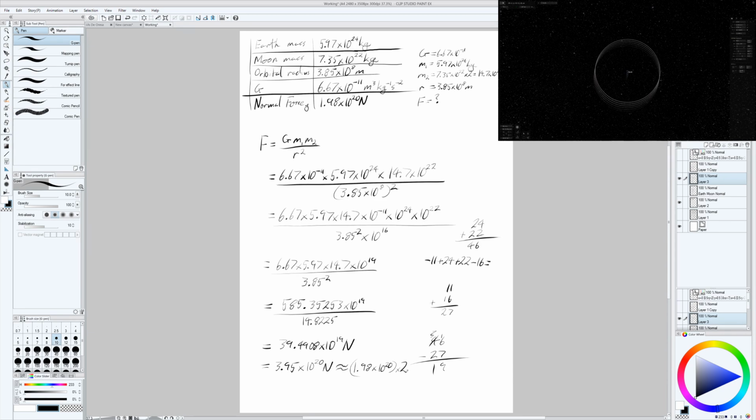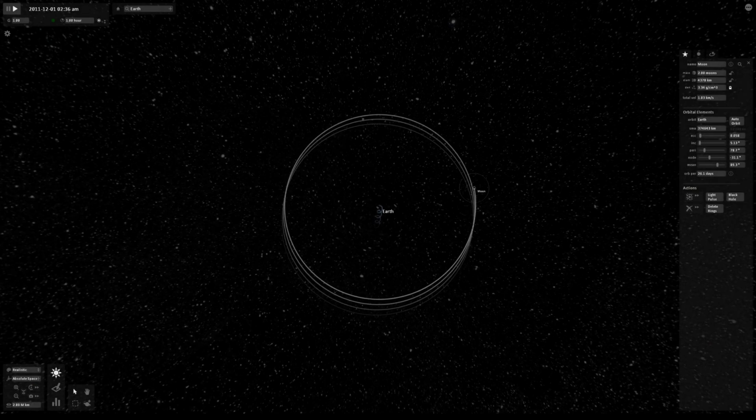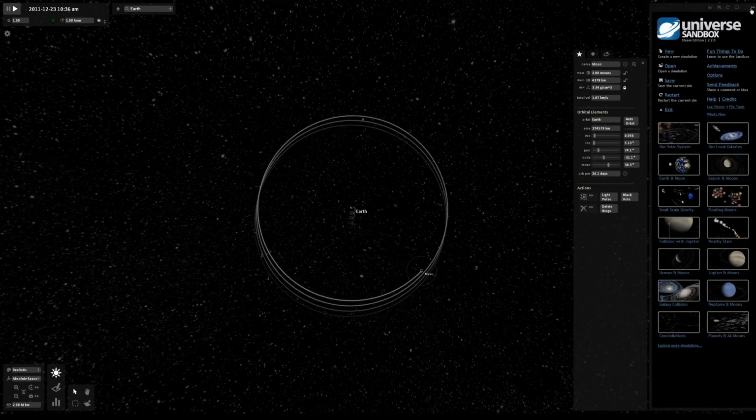So it is pretty close, and we can see that we doubled the mass, the force doubled. If we think about that in regards to the orbit that's happening, we can see that the increased force is now actually having an effect on the Earth itself.